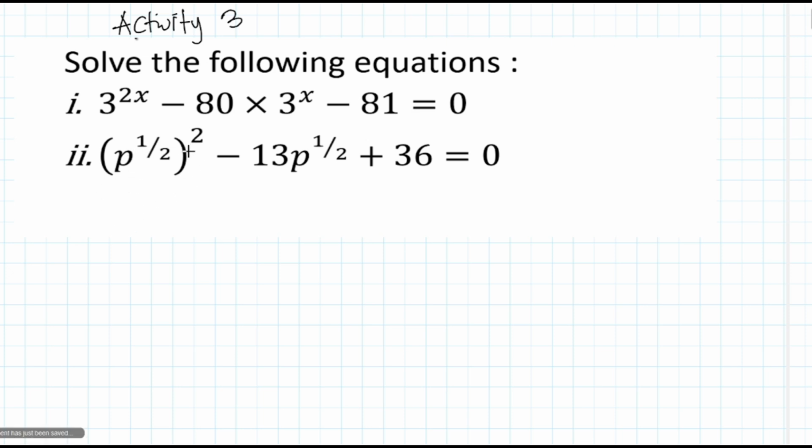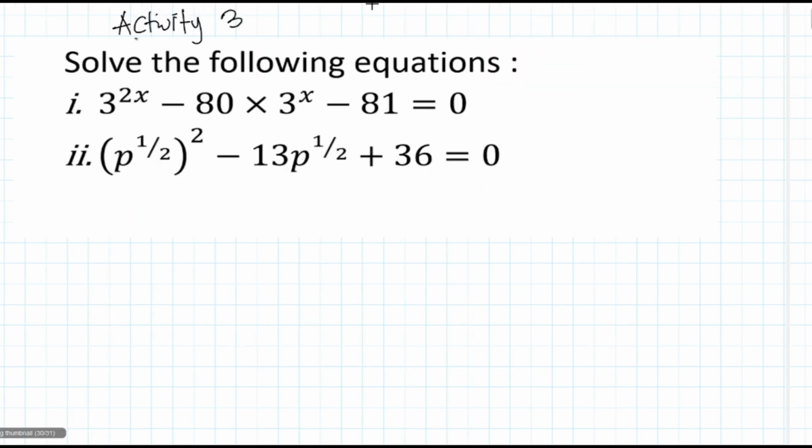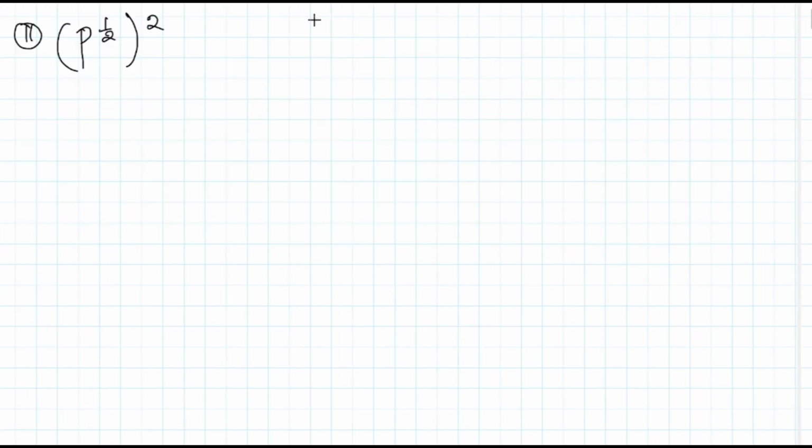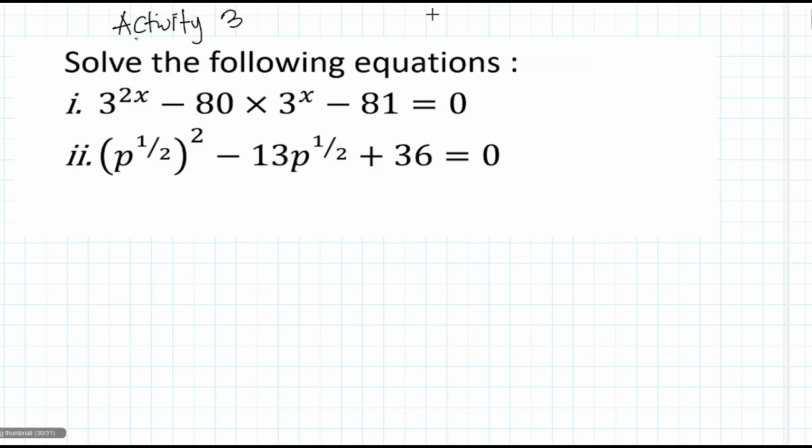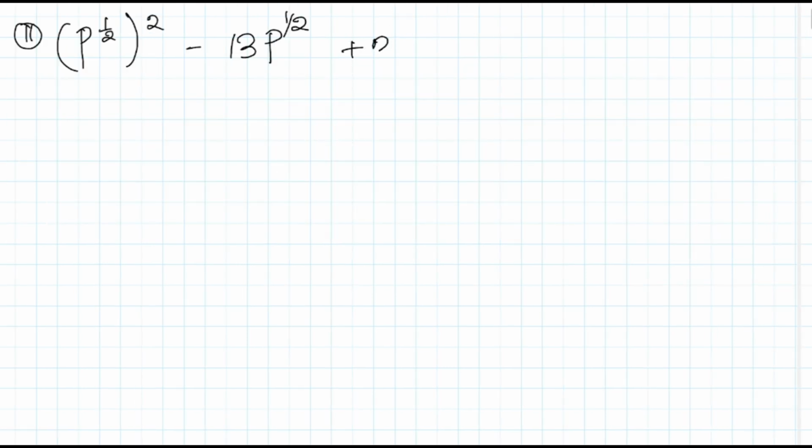So we have number 2. p raised to power half, all raised to power 2, minus 13p raised to power half, plus 36 equals 0. Okay, let's not cancel, because if we cancel, we'll have to simplify this one, which will not make sense.